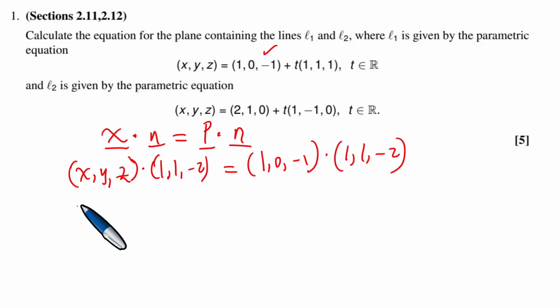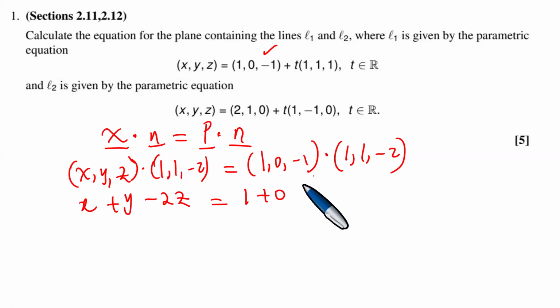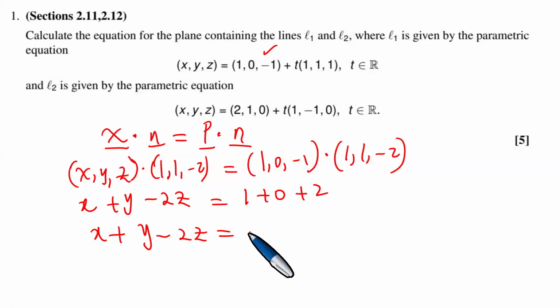So x by 1 is x, y by 1 is y, z by minus 2 is minus 2z. And on the other side, 1 by 1 is 1, 0 by 1 is 0, minus 1 by minus 2 is 2. Giving us x plus y minus 2z, and the result is 3.